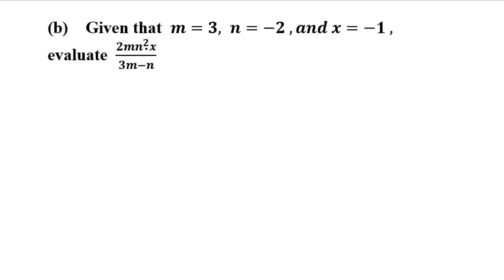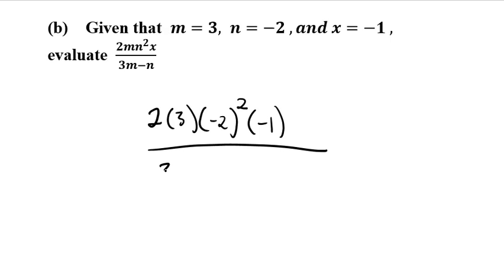Where the n is, we put -2 there. Where the x is, we put -1. In that case, we are going to have 2m, so m is 3, n squared, and n is -2, so (-2) squared multiplying x, and that is -1.